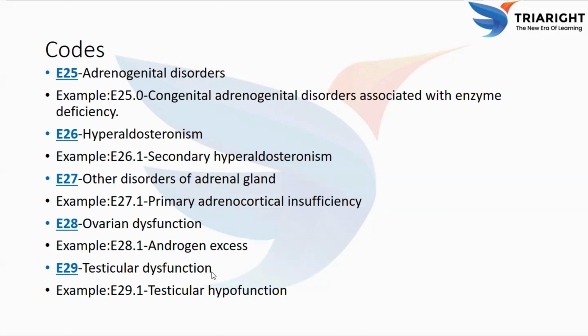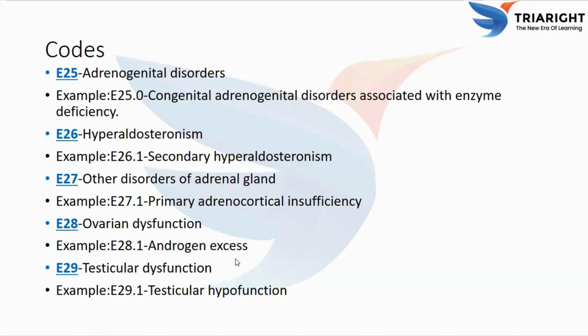So for example, androgen excess. Androgen is a male hormone, right? You can see this in females as well, where the ovaries produce too much male hormone, androgen. Whenever the female reproductive system's ovaries produce too much male hormones like androgen, you can see conditions like PCOD.